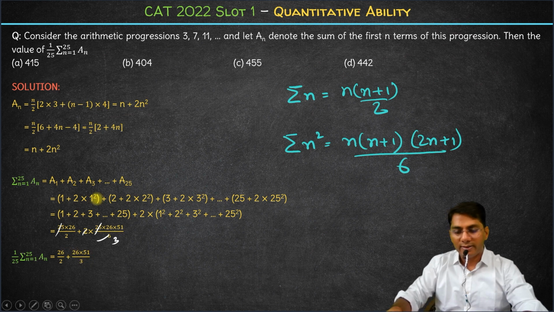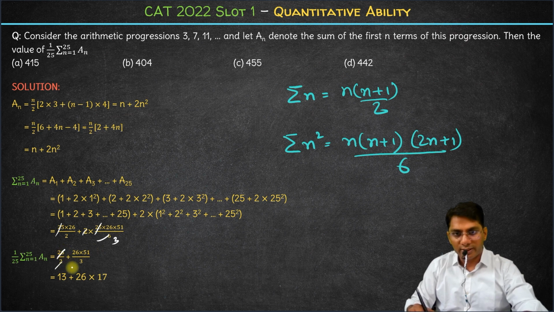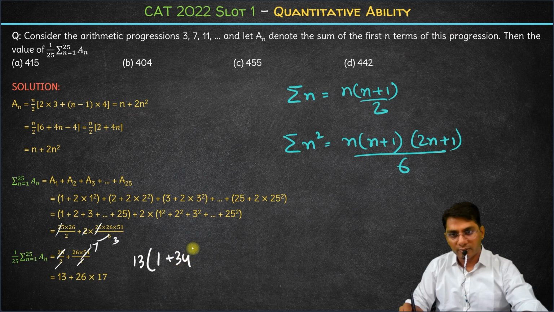Now taking 26 common, 26 by 2 is 13 effectively, and 51 by 3 is 17. So we have 13 plus 26 into 17, and taking 13 common, we have 1 remaining here plus twice of 17. Twice of 17 is 34. So we get 13 into 35.